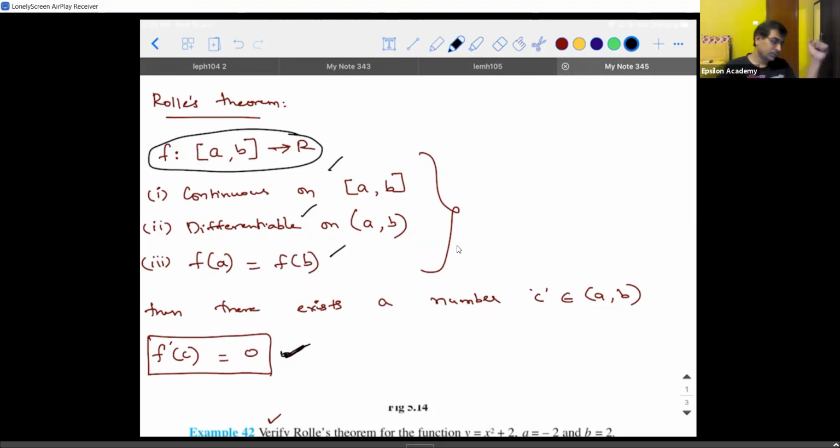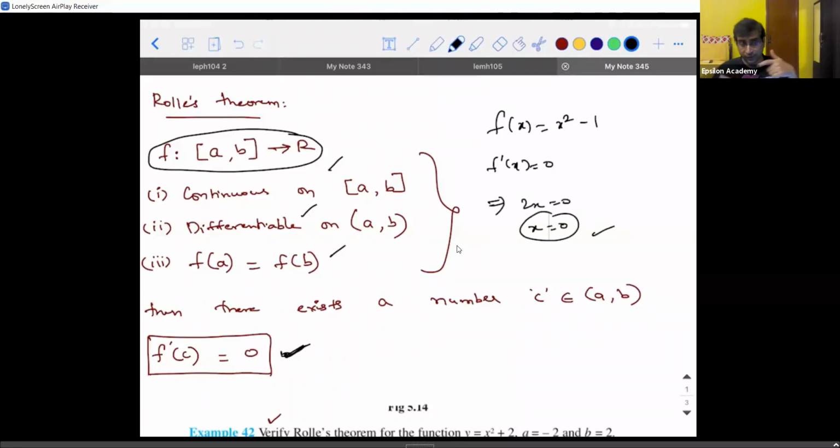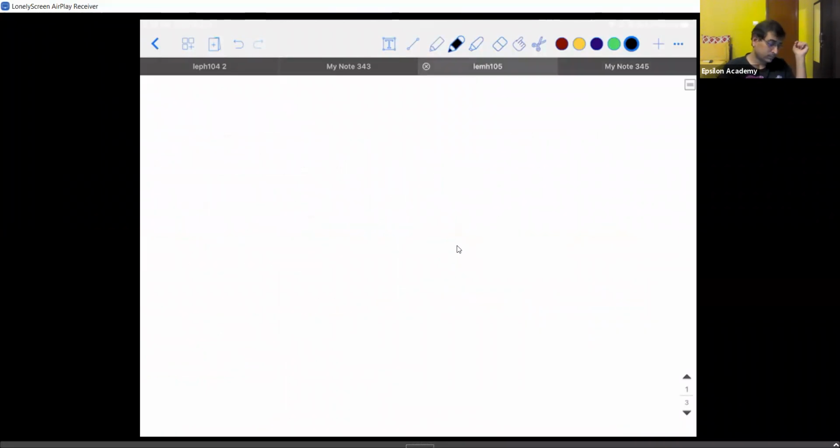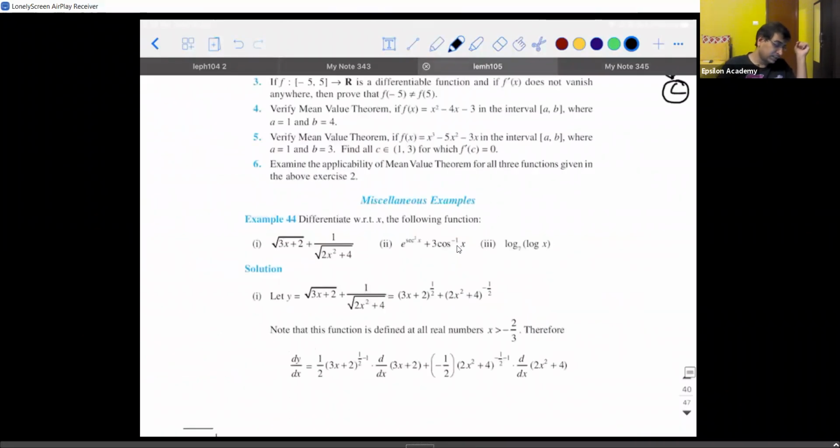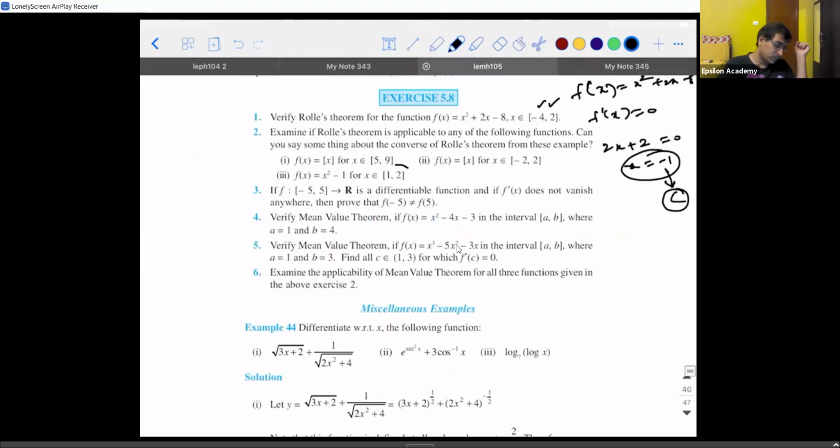For example, we had the question f of x is equal to x square minus 1. For me to verify the converse, I will say f dash of x is equal to 0. So 2x is equal to 0, x is equal to 0. Suppose I had solved this question and I had the answer as 1.5 for the third one, which is lying between these two.